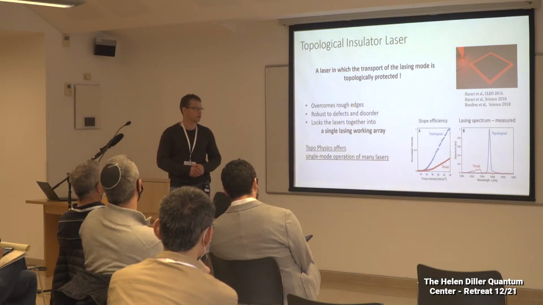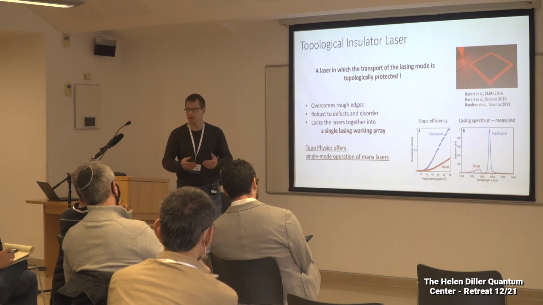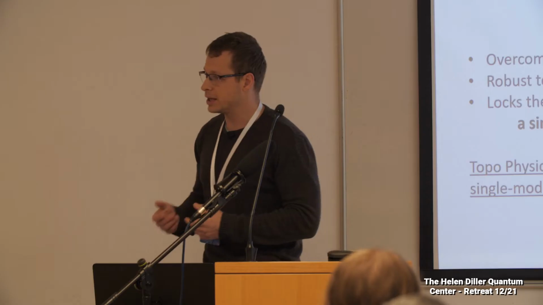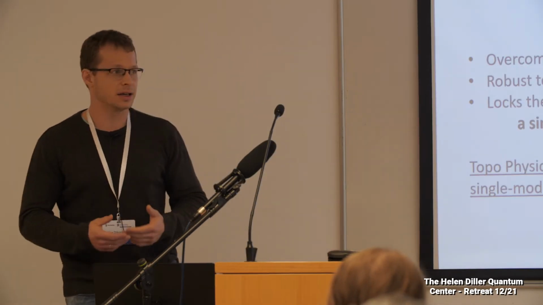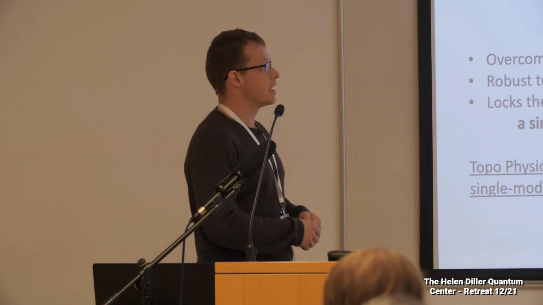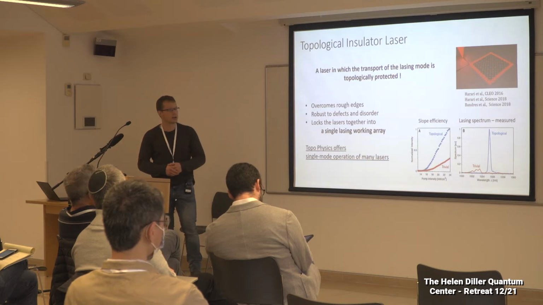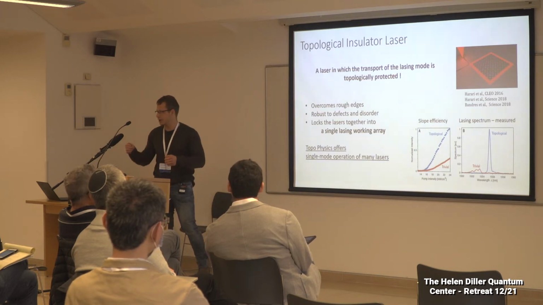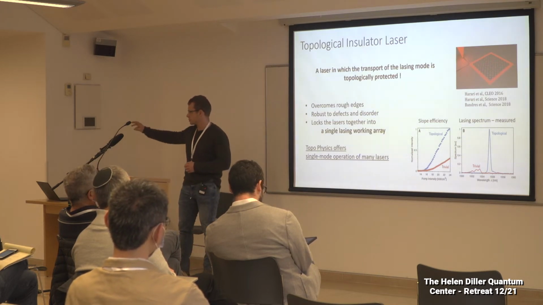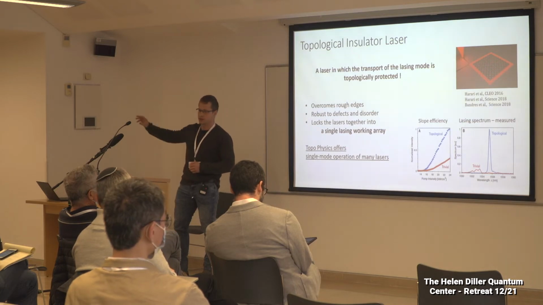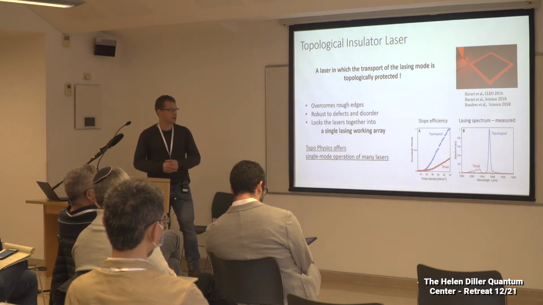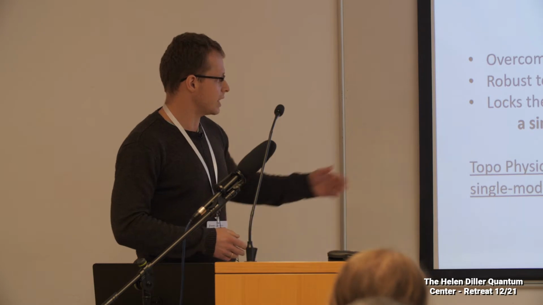This idea also came out to be a real-life demonstration. We combined many lasers in the lattice that had this topological protection, and the lasers on the edge of the lattice, the cavities, were lasing in a single mode, when the energy was transported along the edges of this array, and lased together coherently in a single mode.